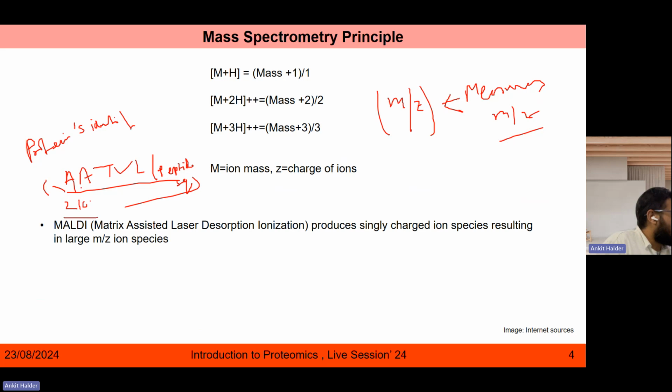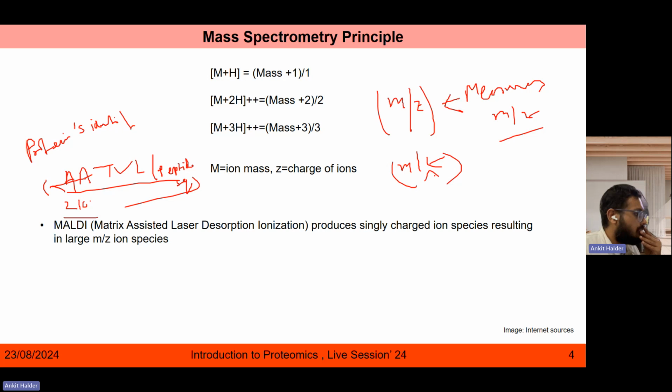If this particular peptide sequence is injected in the mass spectrometer, it will be detected, and the mass spectrometer will give us the mass per charge ratio.